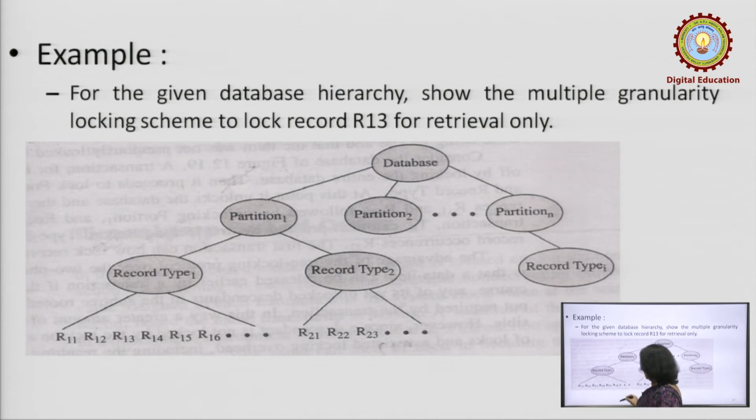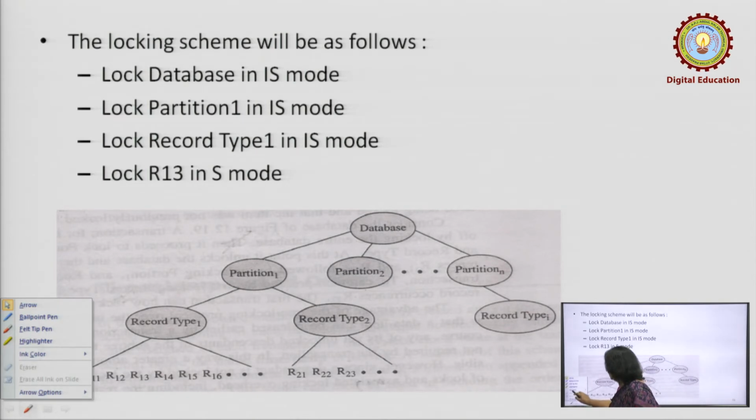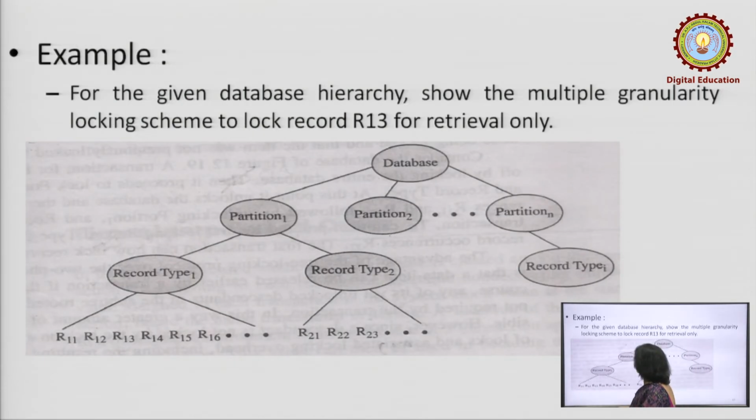So, which is the record R13? R13 is over here. We have to lock the record R13. How will the multiple granularity locking protocol work?